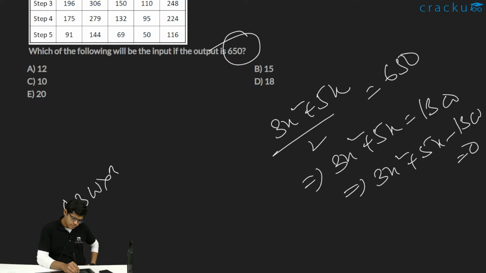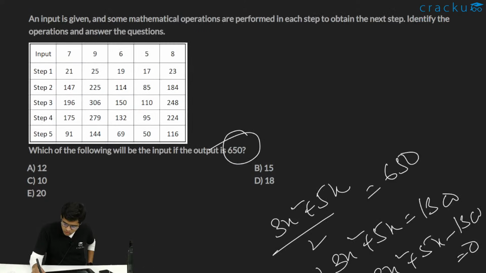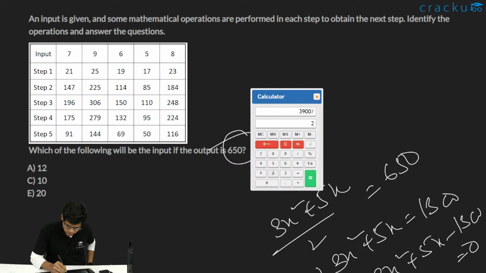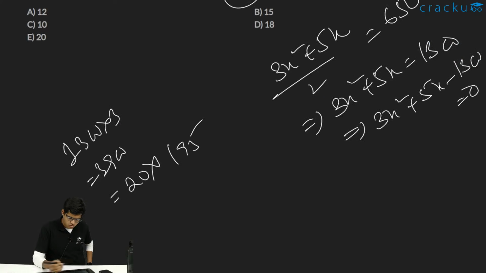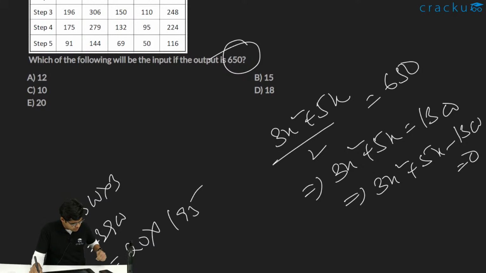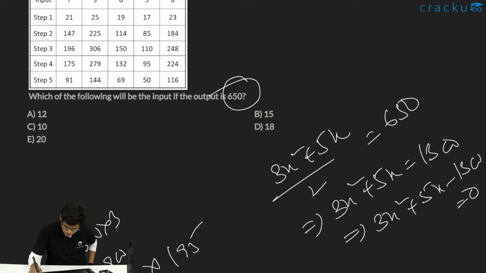What is the middle term? 3900. 3900 divided by 20, I'm getting 195. 20 into 195. How to get 5 in the middle term?